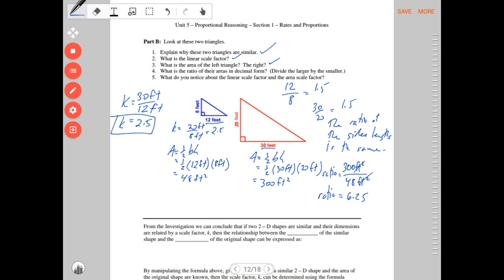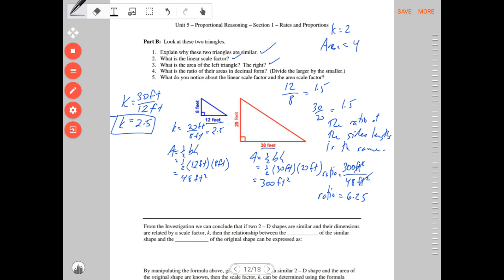Okay, so now what do you notice about the linear scale factor and the area scale factor? Now, it's not as obvious here. It's slightly more obvious in the last one. Remember, the scale factor was 2, and the area scale factor was 4.